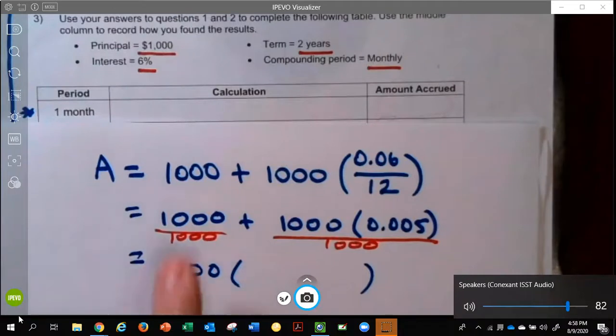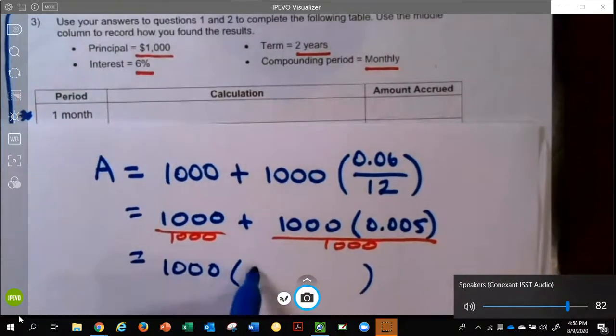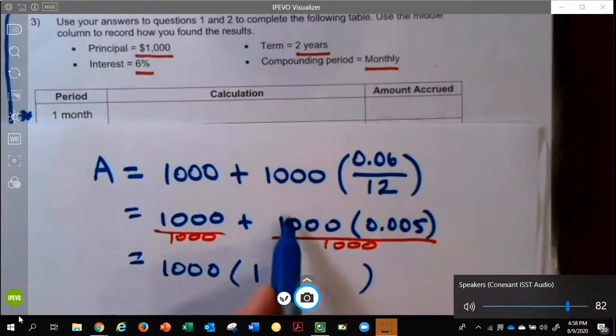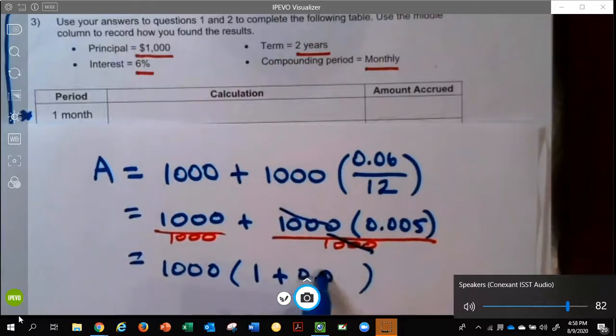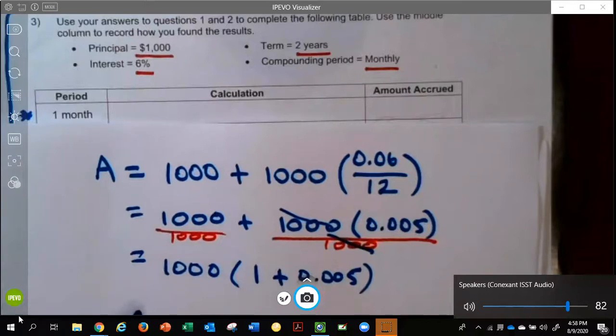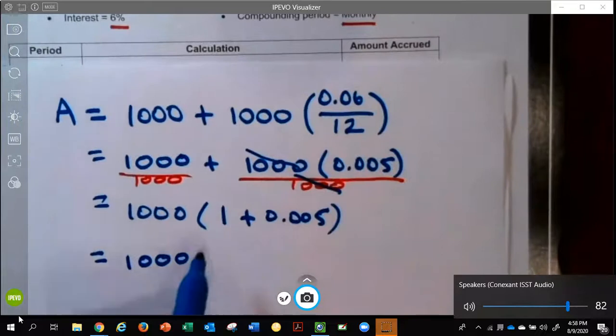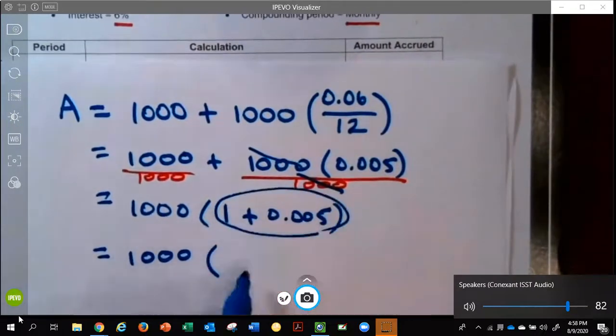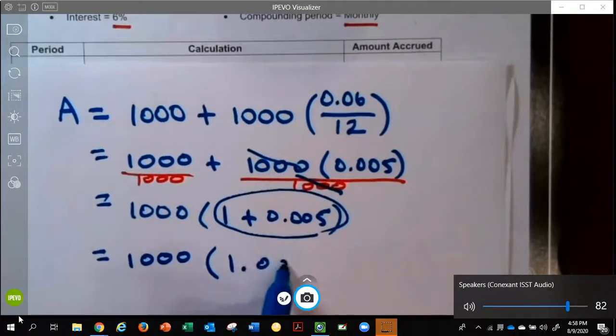And so when I take 1,000 divided by 1,000, I get just a 1. And when I take 1,000 divided by 1,000, I get 1.005. And a really lazy way to write that is 1,000 times, when I add these together, I get 1.005.